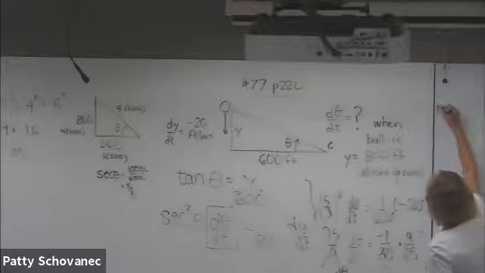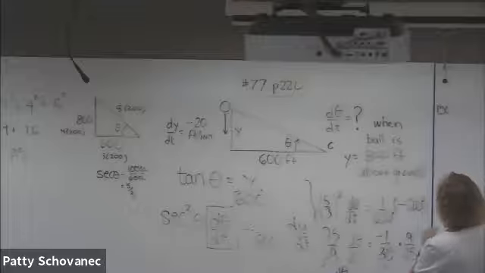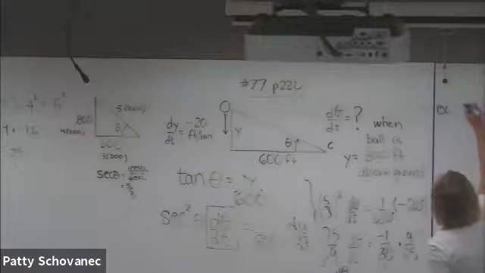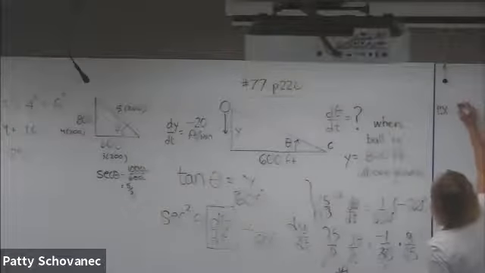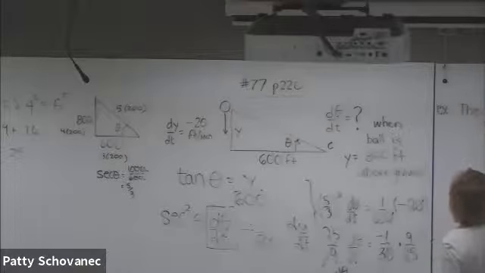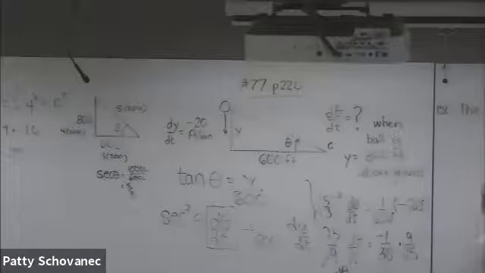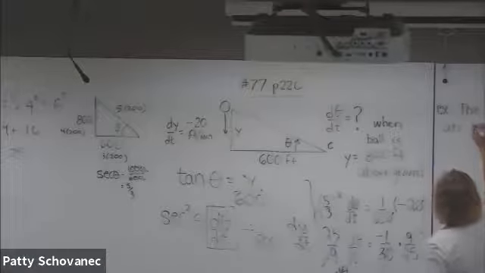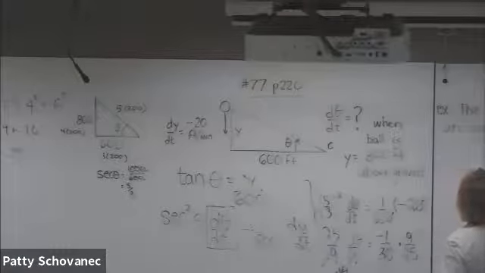Try this one. Suppose you have the base of an isosceles triangle. It's growing at a rate of 2 units per hour.